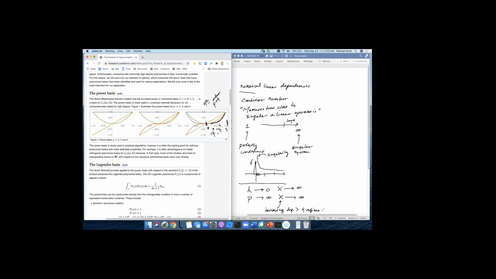I'm going to look up the actual rates for these things. In some sense, a C0 linear finite element mesh with H refinement is a fairly nice, stable way to discretize an operator from a conditioning point of view. And as the degree goes up, which is the methods we're going to be considering, the conditioning gets worse.